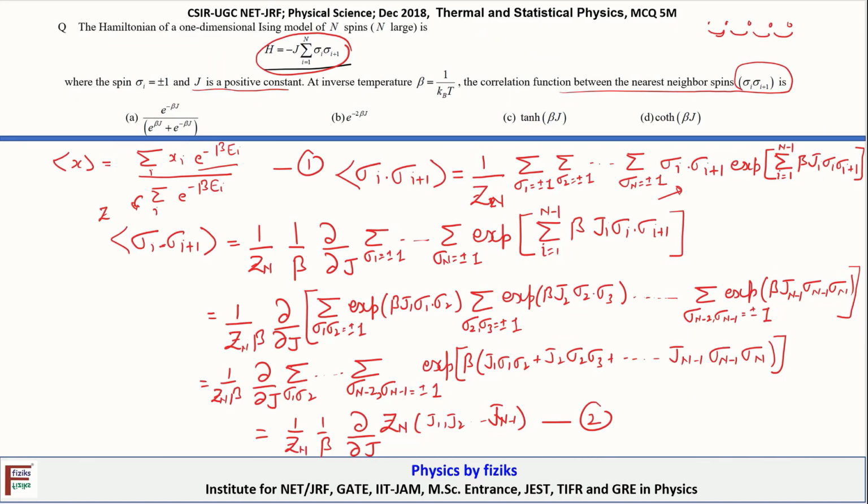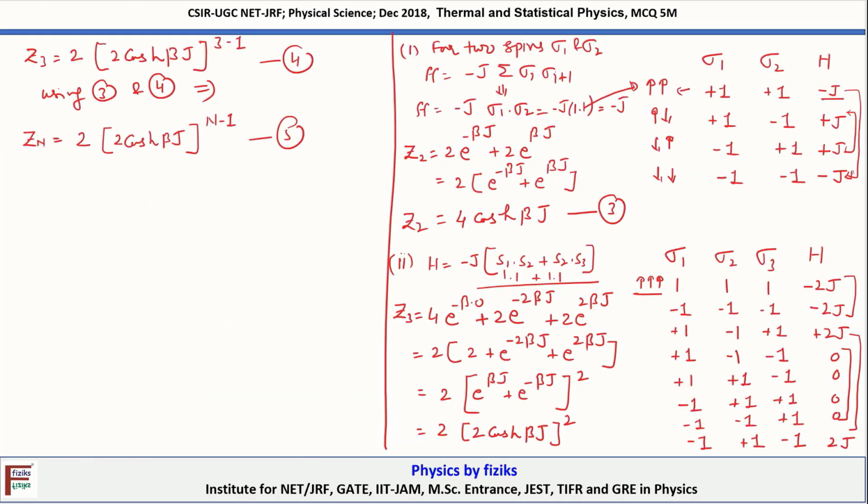So by making use of equation 2 and equation 5, I can write that the average of sigma i dot sigma i plus 1 is equal to 1 by beta into 1 by Zn and the derivative with respect to J of Zn.